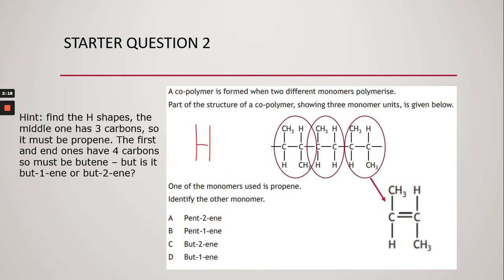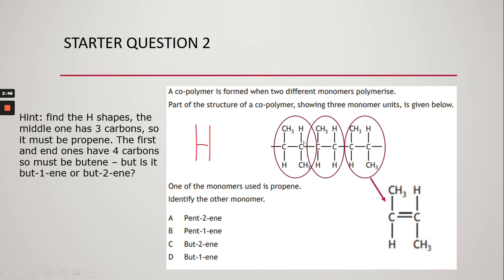Okay, so this is a sort of problem-solving question. You've not learned about copolymers, but the question is explaining what it is. It's one with 2 different monomers. The first hint for figuring out what monomers a polymer structure is made of is finding the H shapes. There's our H here, and I've circled the different H shapes in this structure.